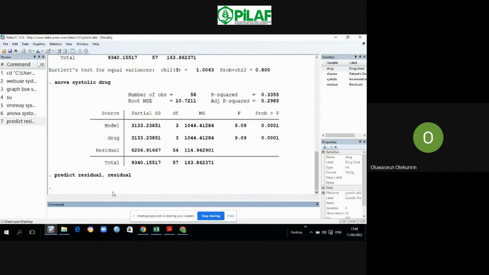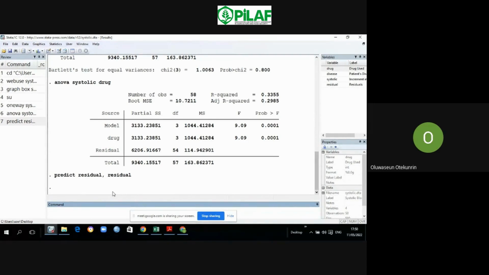Number 2, we can examine the quantiles of residuals against the quantiles of the normal distribution. Then we can also examine the standardized normal probability plot.